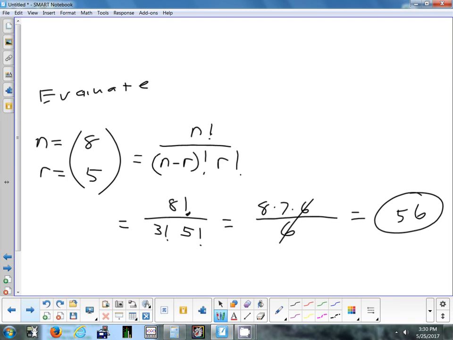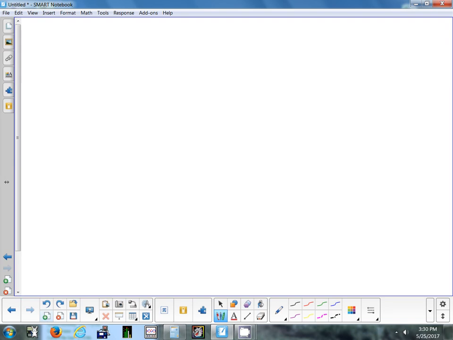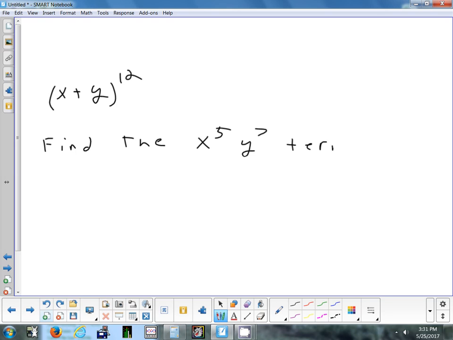And then the last type of problem on the test is something like, let's take x plus y to the 12th, and I want you to find the x to the 5th, y to the 7th term. All right, so when you expand something to the 12th power, how many terms do you get?